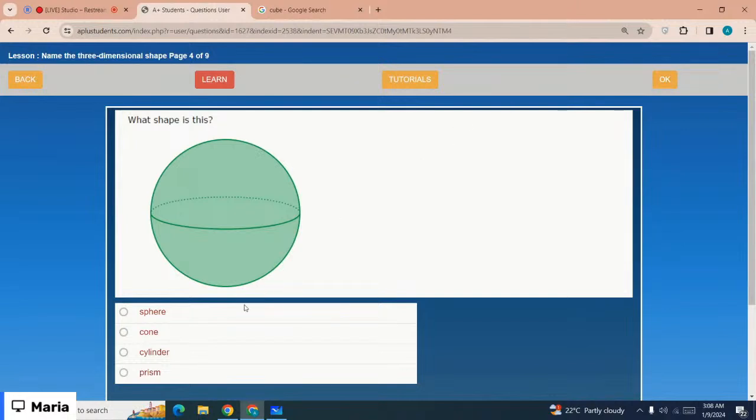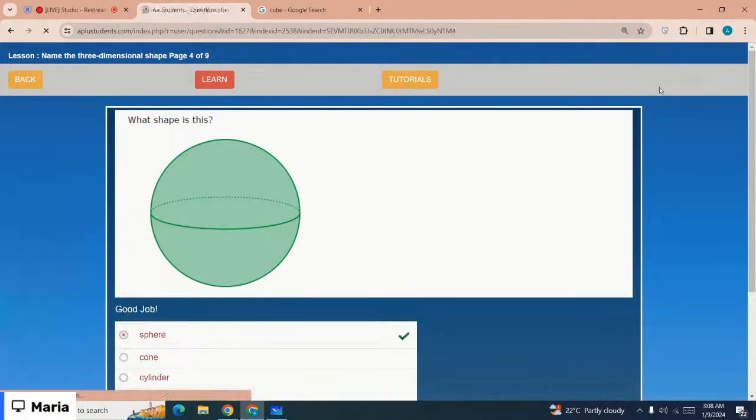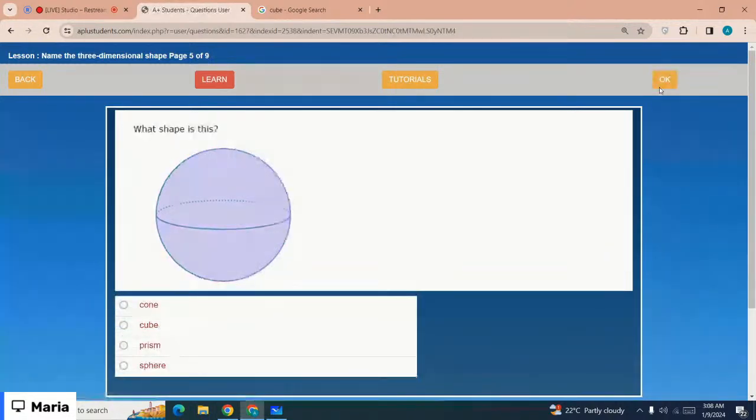Very good. What shape is this? Which is the correct option?